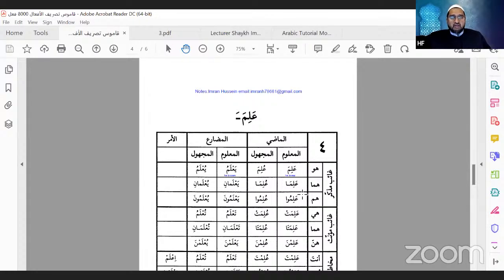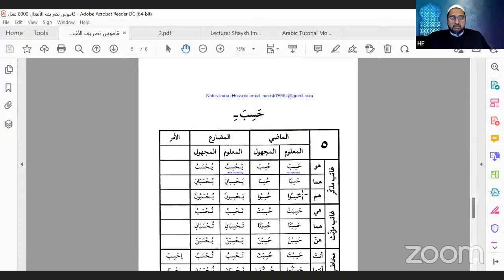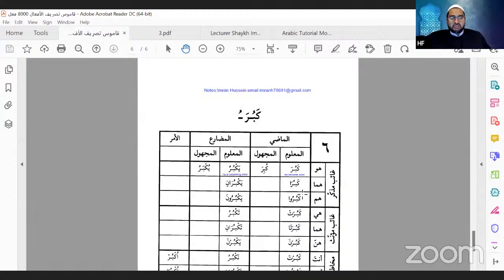The present tense either comes with a fatha, as in alima ya'lamu, or hasiba yahsibu. That's 5. Hasiba yahsibu, number 5. And finally, number 6, it was kabura yakburu, fa'ula yaf'ulu. Now, these are the 6 patterns for a 3-letter verb.